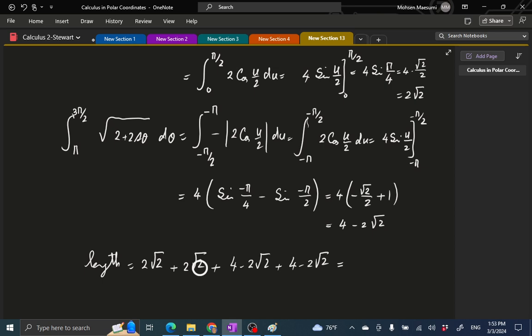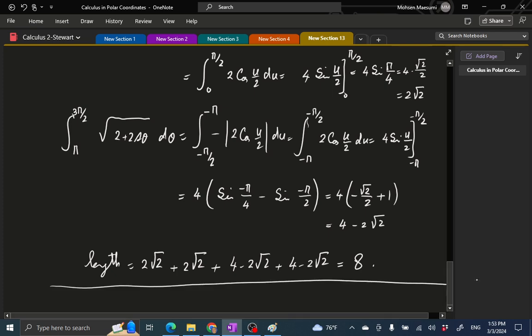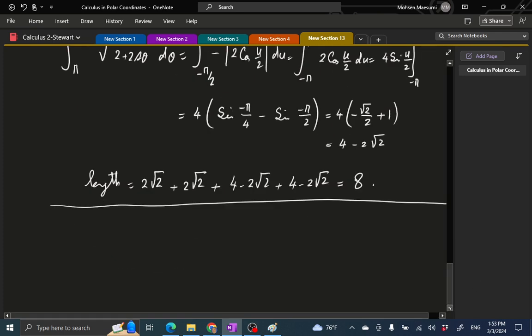Of course these radicals cancel each other out, and out comes 8. Surprisingly simple answer. The length of the cardioid became 8. Notice that we also calculated each significant piece of the cardioid, so we have the additional information.